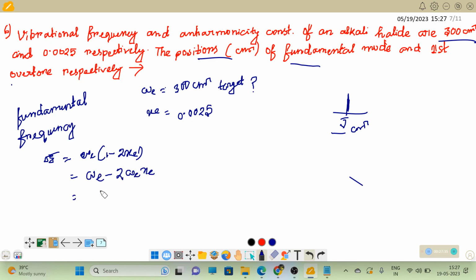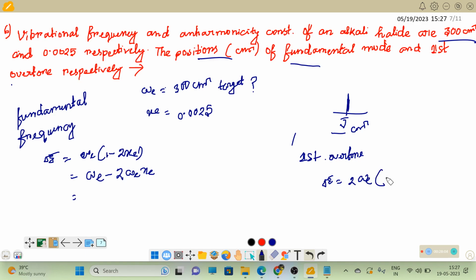So we can put the value. And for the first overtone, that is delta epsilon equal to 2 omega e minus 6 omega e x e.